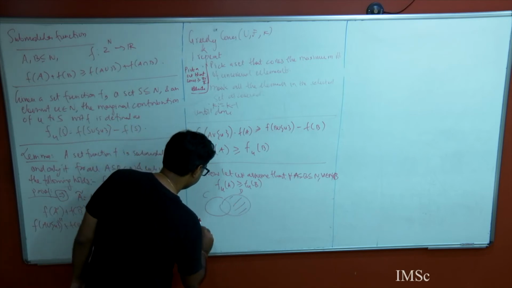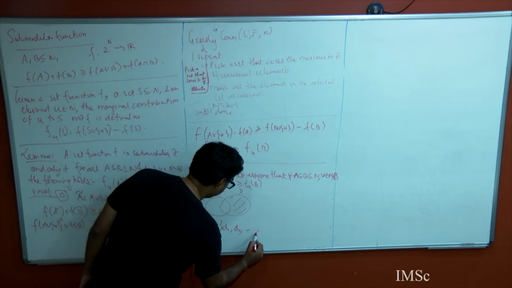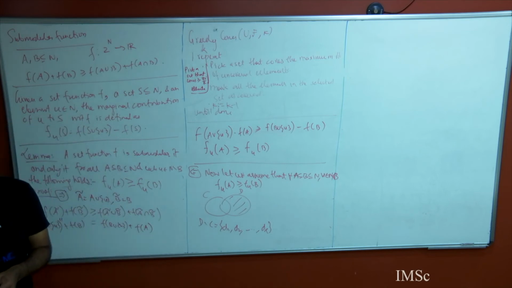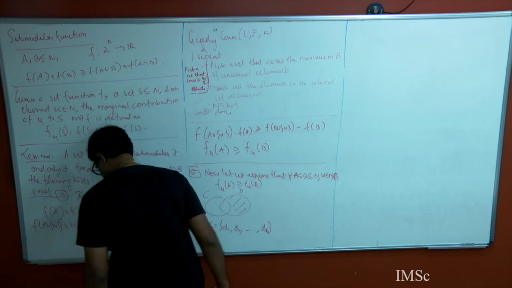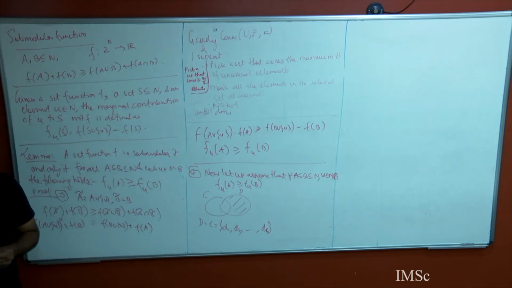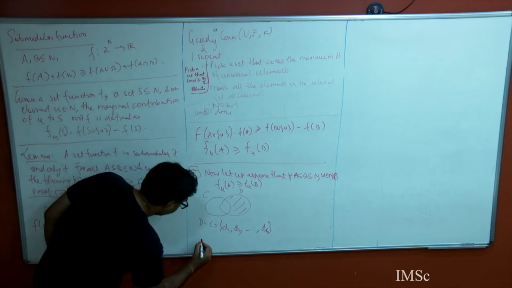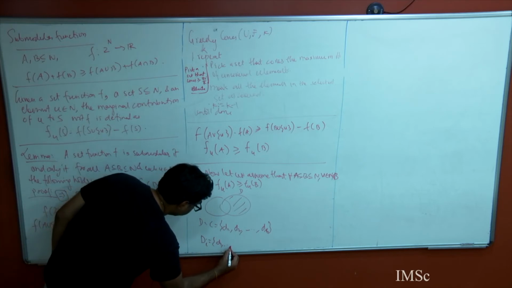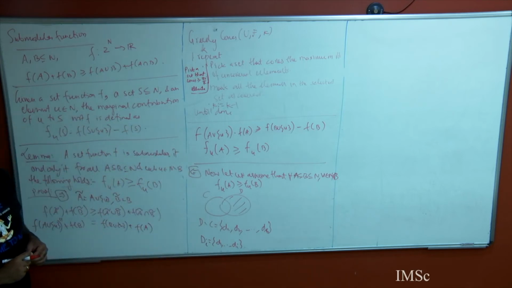D minus C is D1, D2, dot dot dot, DH, and I'm going to write Di as D1 to Di.